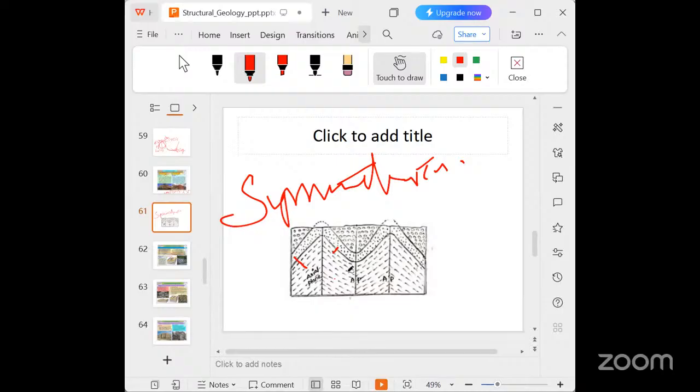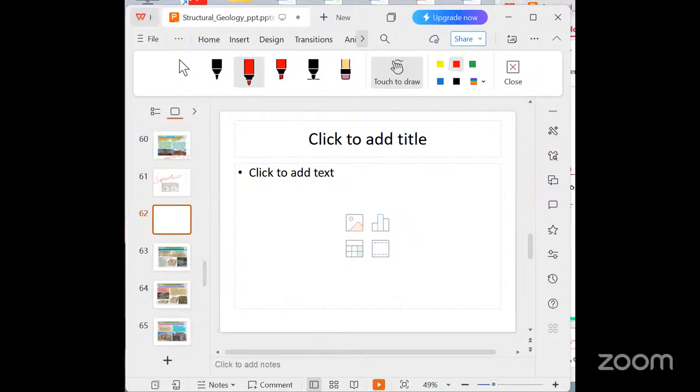These two limbs dip at the same angle, but in opposite directions. The axial plane passes through crest and trough. So this is called symmetrical fold. So now we are going to asymmetrical. Asymmetrical means opposite of the symmetrical, right?